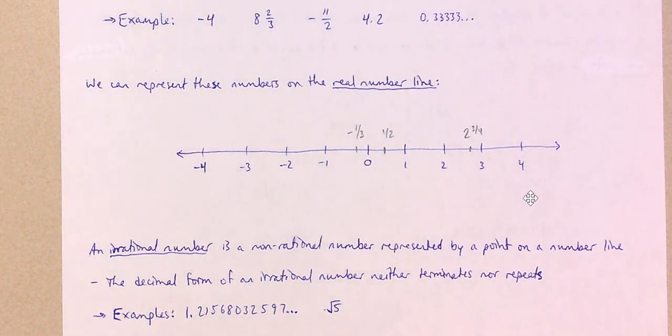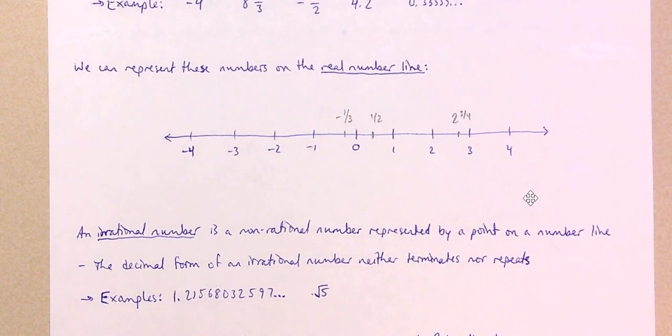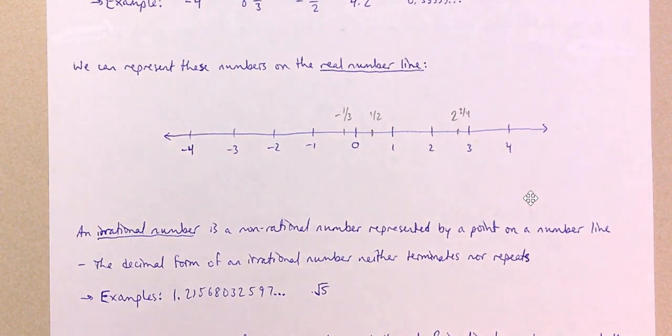Now, there's another set of numbers that doesn't really have anything in common with any of the other numbers that we had talked about up until this point. And they're called the set of irrational numbers. But what is an irrational number? An irrational number is a non-rational number that's represented by a point on a number line.